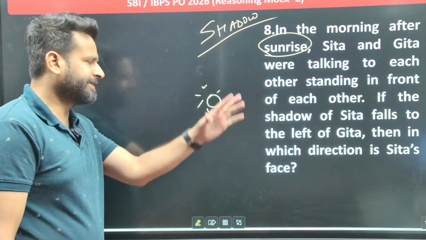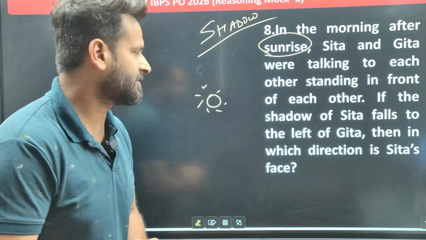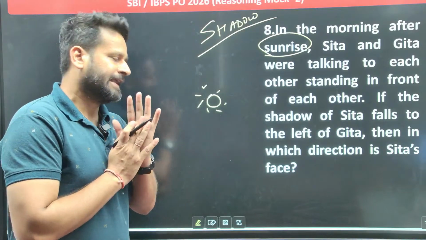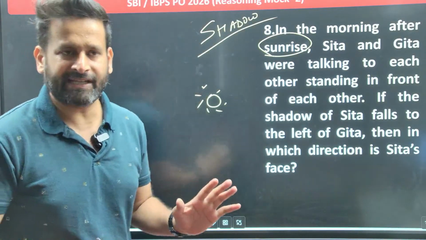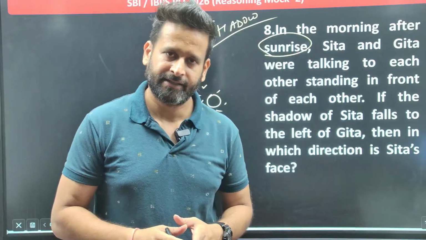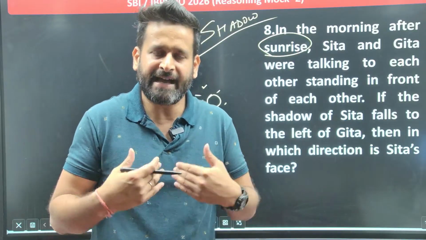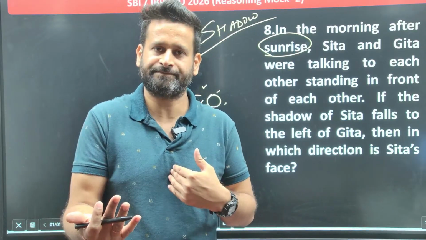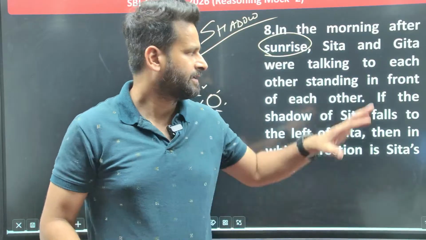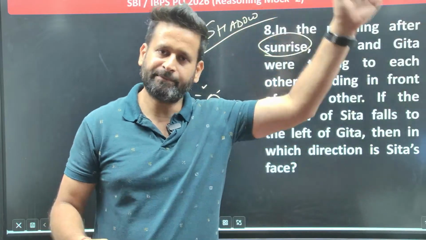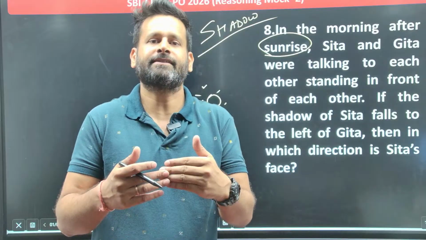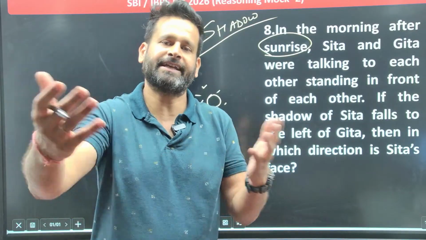So in the morning, the sun will be in the east direction. Because we are understanding everything in two dimensions, you need to understand that for the sun, everything is an object. For example, if I am standing, I am an object for the sun. You are standing, this board, laptop, this complete building, everything standing in front of the sun is an object.